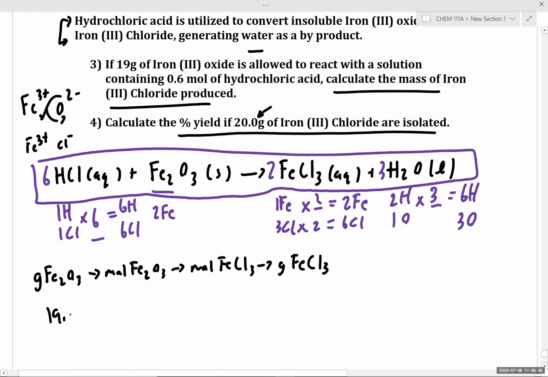So if we have 19.0 grams of iron 3 oxide, and in 1 mole of iron 3 oxide we have how many grams? What is the molar mass of iron 3 oxide?